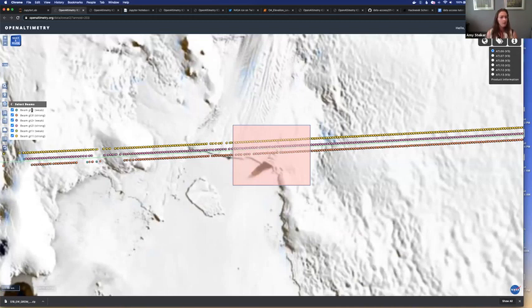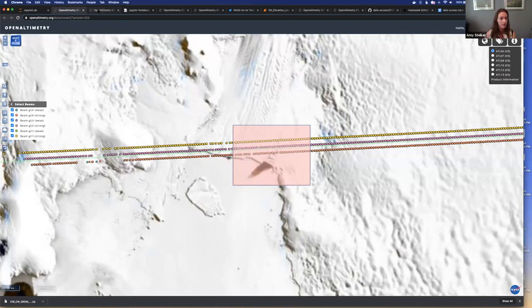I believe Tom Newman also talked about this: the spacecraft does switch orientation every 6 months or so. So this is also a nice way with Open Altimetry. It tells you if that beam is in the strong or weak position, depending on the orientation.